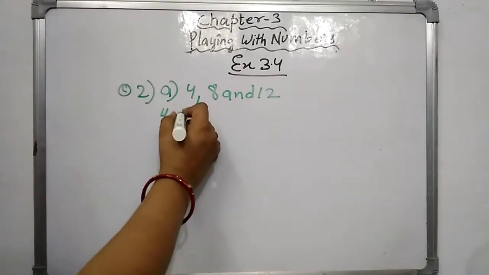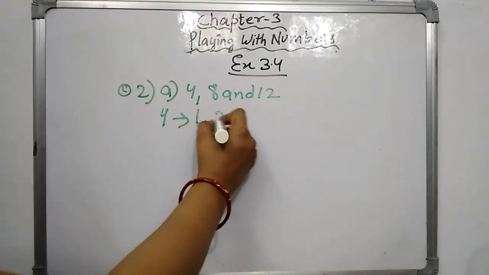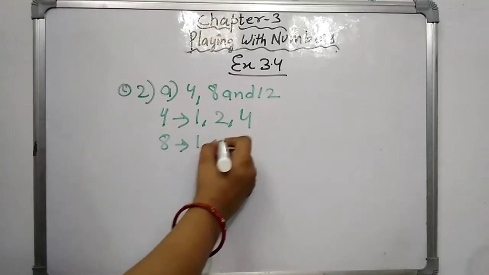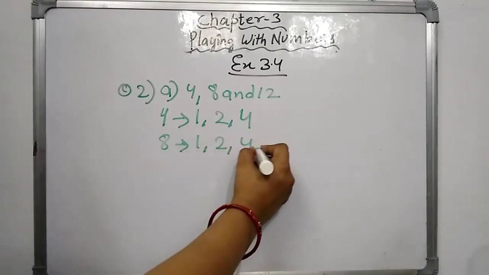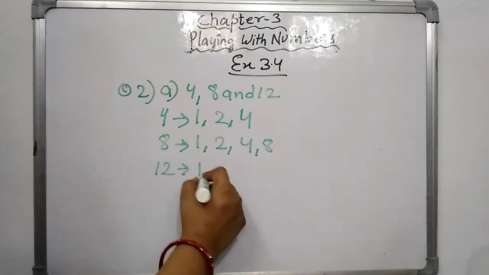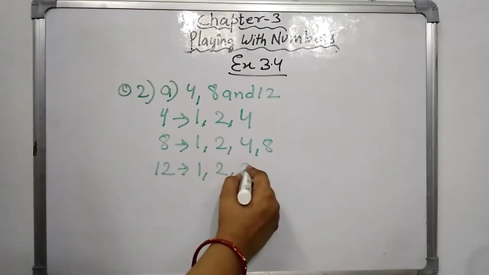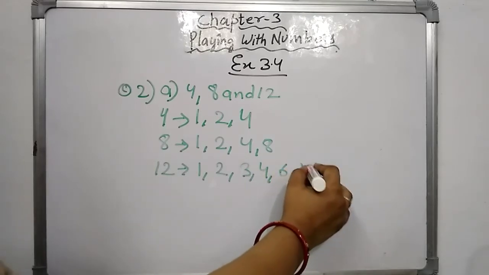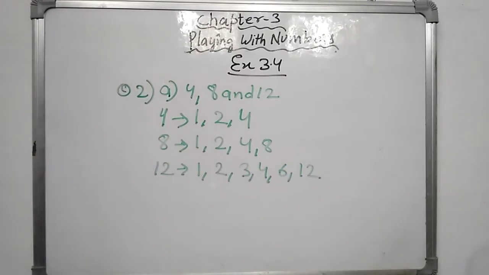So firstly we will write down factors of 4, 1, 2 and 4. Factors of 8, 1, 2, 4 and 8. Factors of 12, 1, 2, 3, 4, 6 and 12. These are factors of 4, 8 and 12.